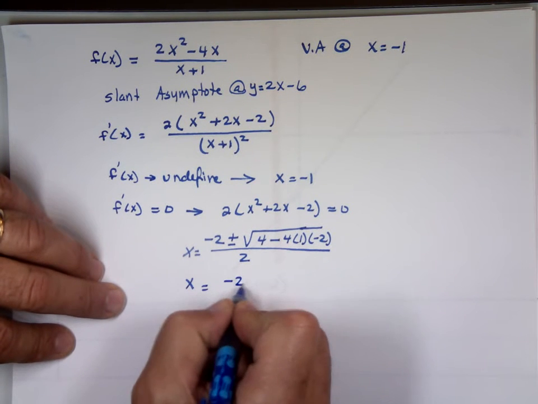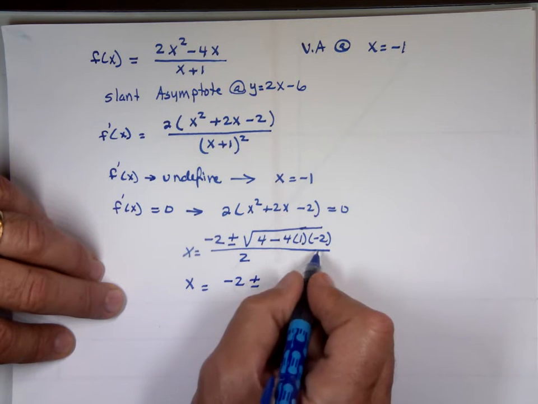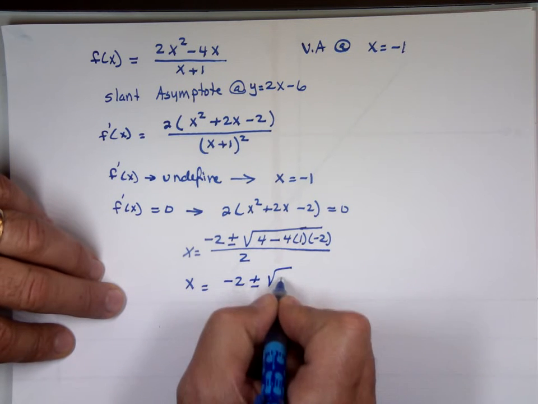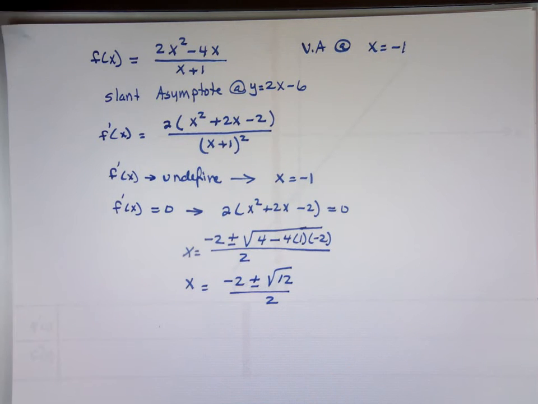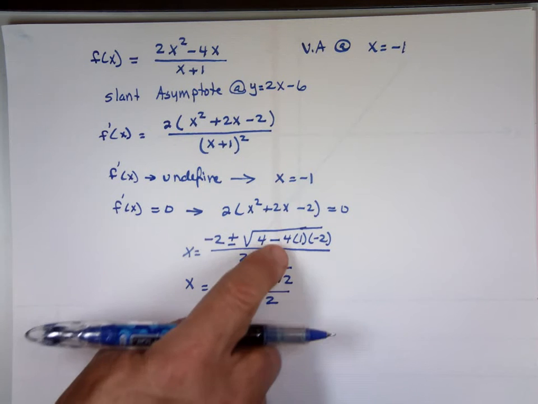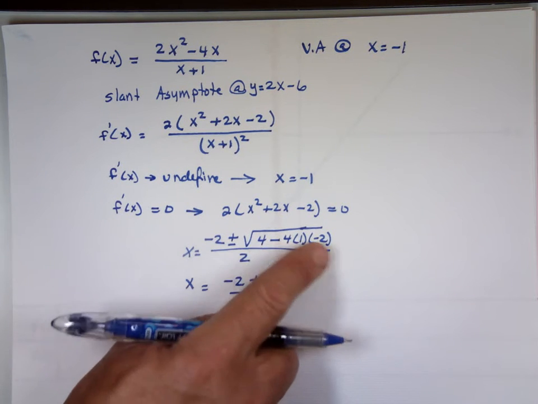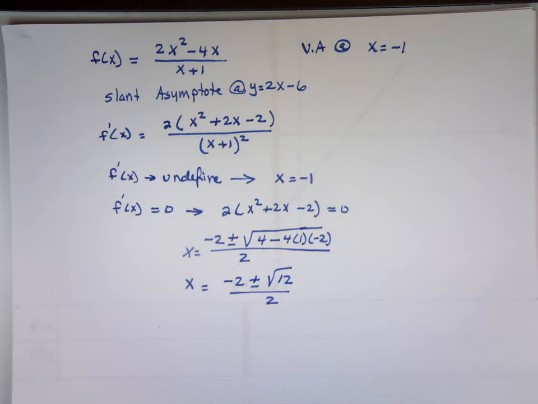Negative 2 plus or minus the square root of what? 12? 4 times 2 is 8. That'll be a plus 8, plus the 4, that's a 12. Ugly, ugly, ugly. We get decimal values for that.